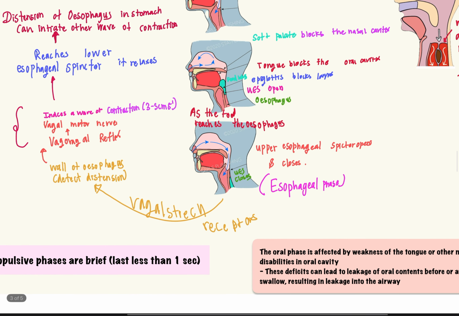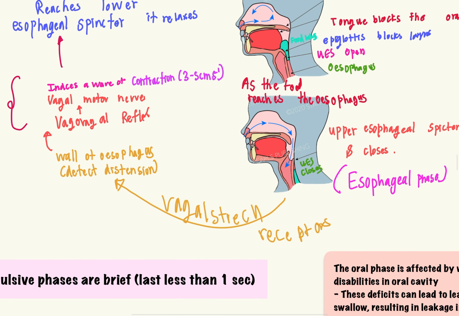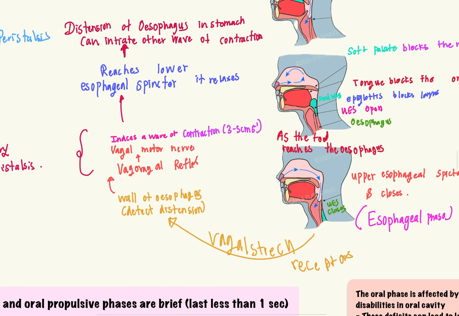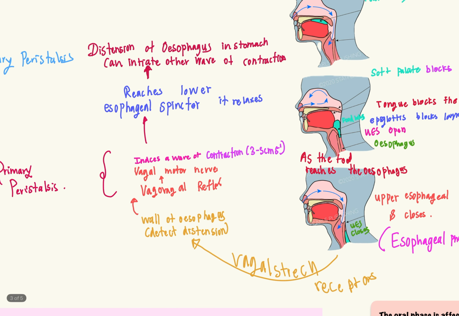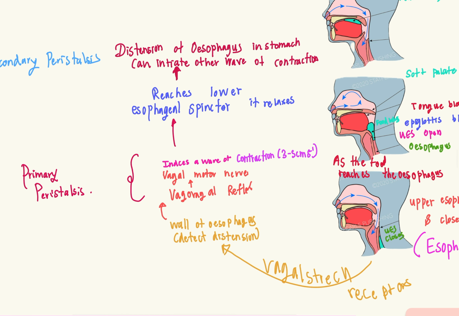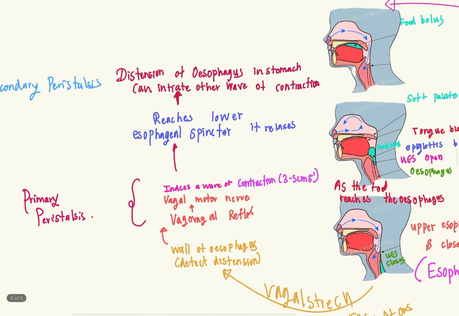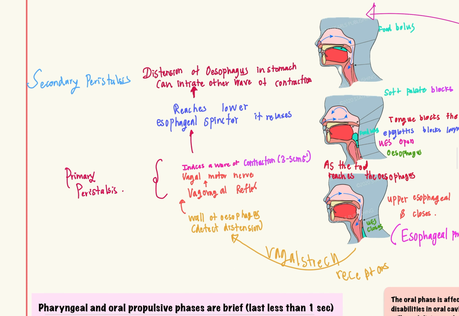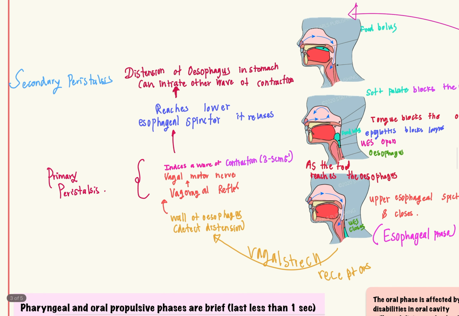And then in the esophagus, the vagal stretch receptors will get stimulated, and it induces a wave of contraction that is called primary peristalsis, which has a speed of about 3 to 5 centimeters per second. So it is known as the vagovagal reflex. And then it reaches the lower esophageal sphincter, and sometimes a process known as secondary peristalsis occurs to remove any remaining food in the esophagus.